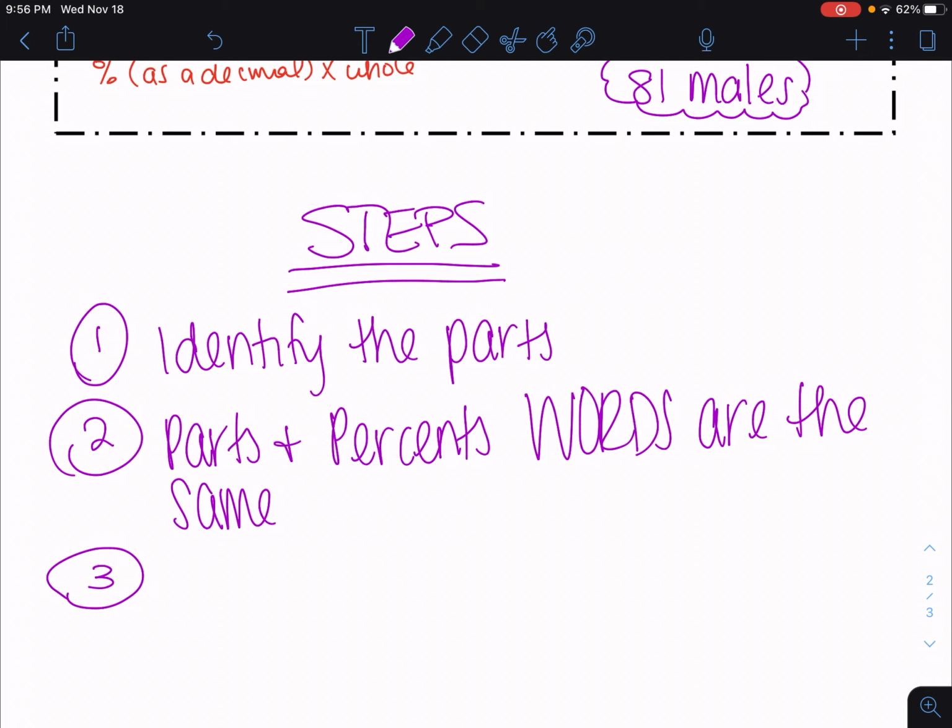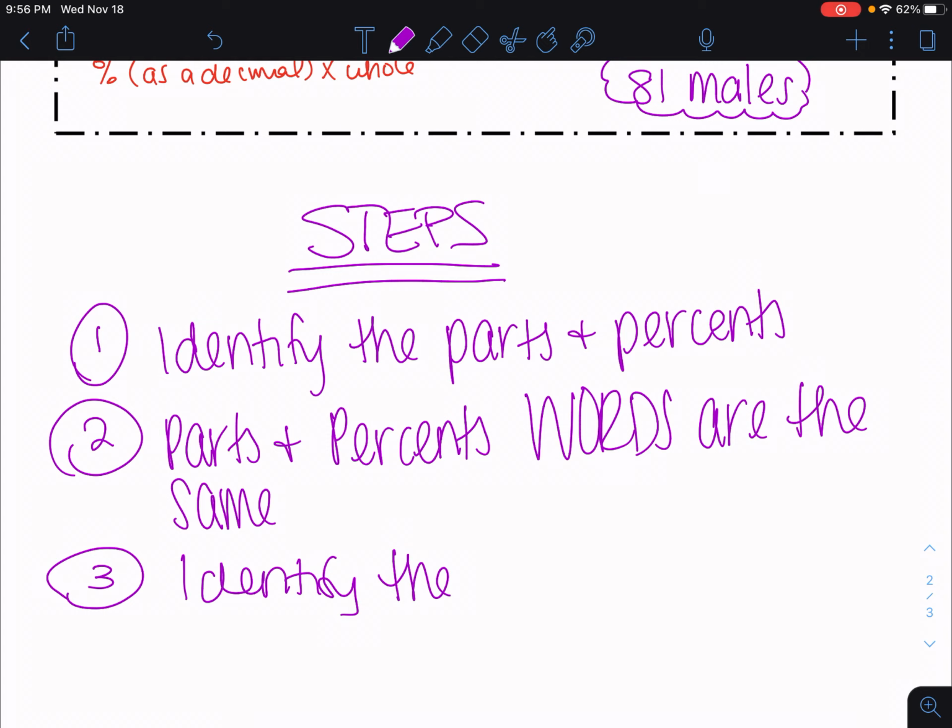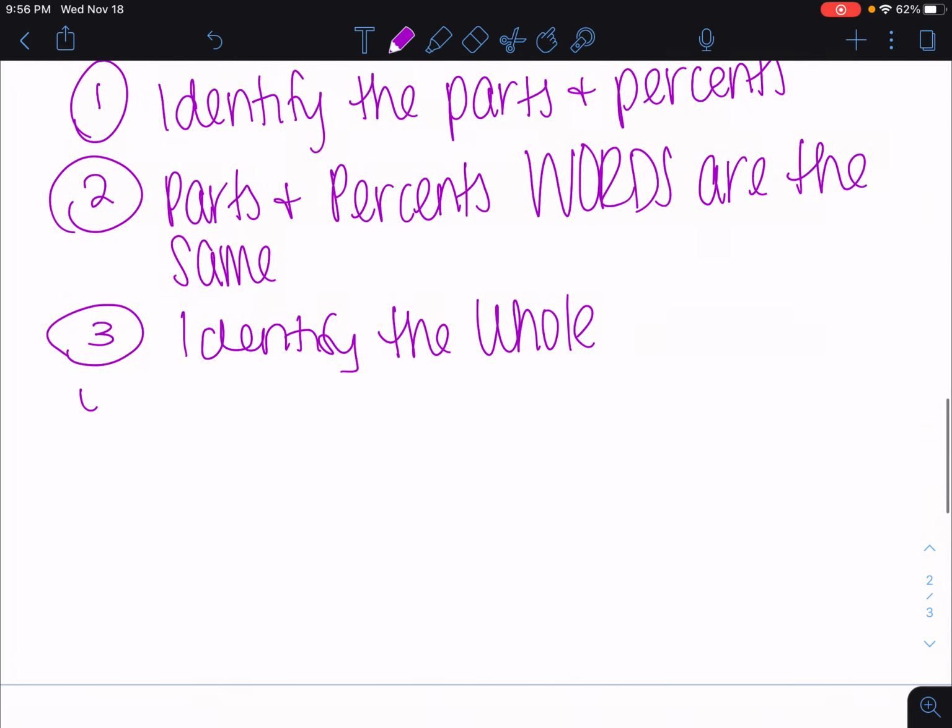So then we're going to identify the whole. Okay, then we're going to place the numbers.